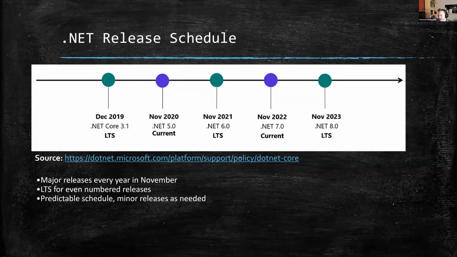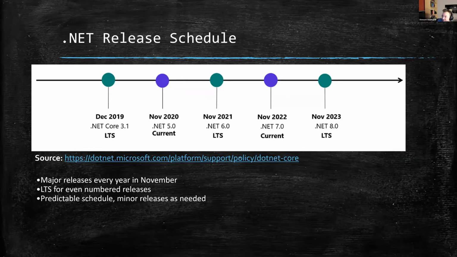The release schedule going forward. This is what Microsoft's been missing out on for a while now. They didn't really have a predictable release schedule, which for a lot of businesses is a no-no because you have to be able to properly prepare for an upcoming release. So Microsoft adopted a release cadence where they're going to do a major release every year in November.